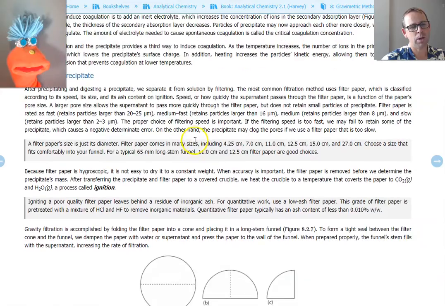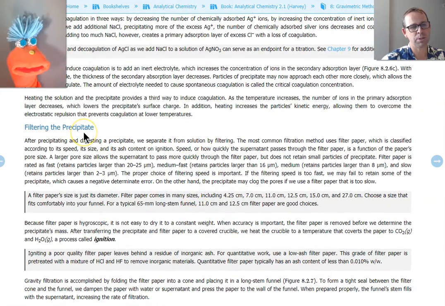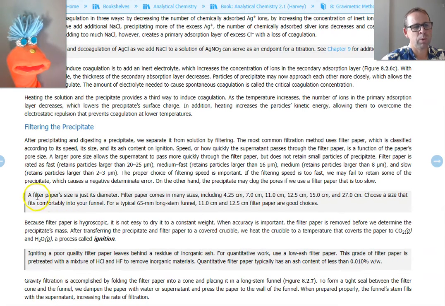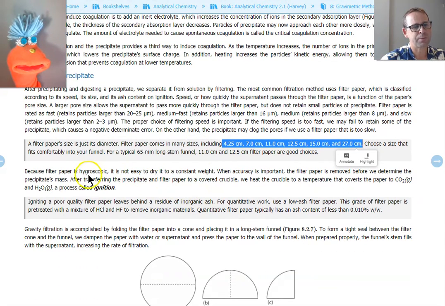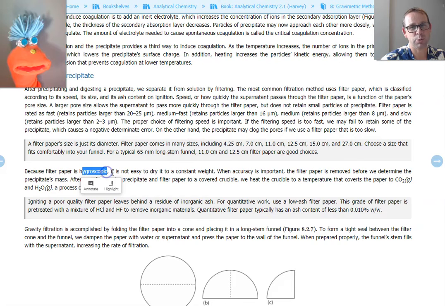Okay, so when we want to filter the precipitate, there are some things that we have to take into account. We want to make sure the filter pore size is correct. We also want to make sure the size of the filter paper itself fits in the funnel, right? Because filter paper is hygroscopic, it's going to be absorbing the water, just like any piece of paper would.